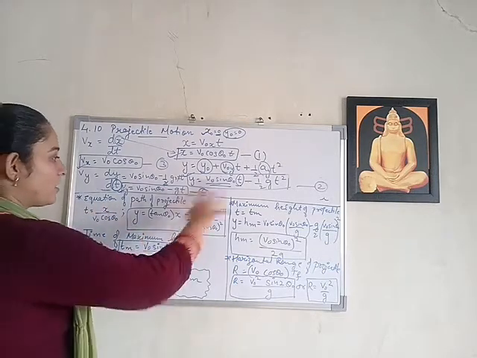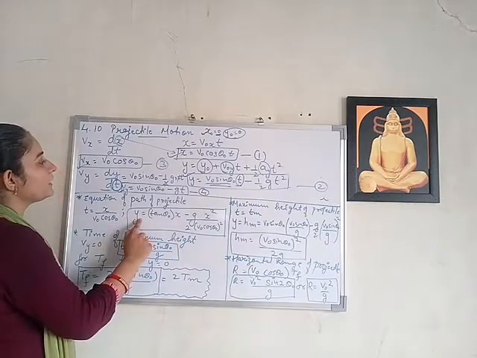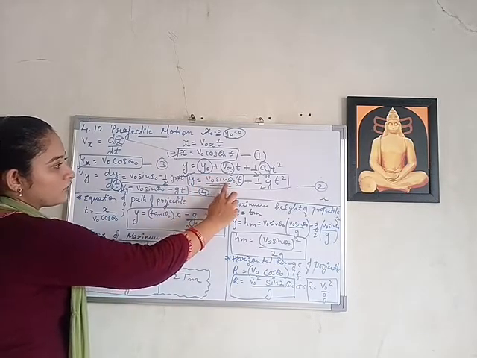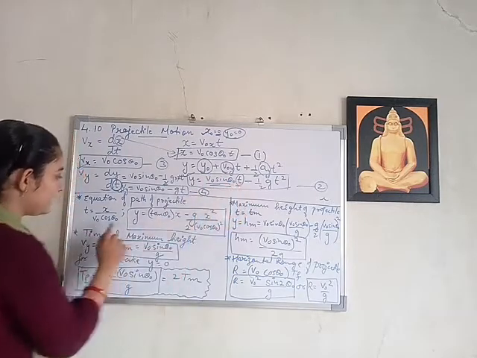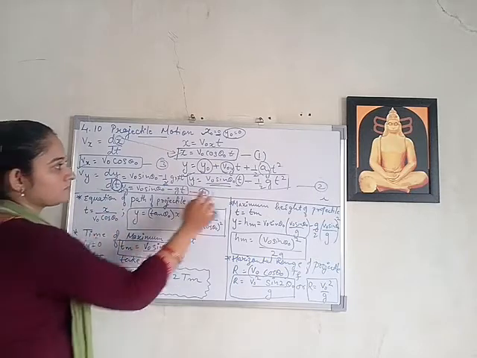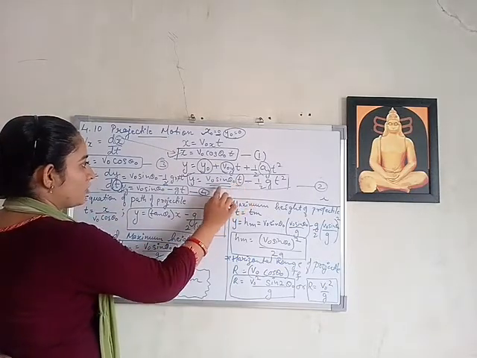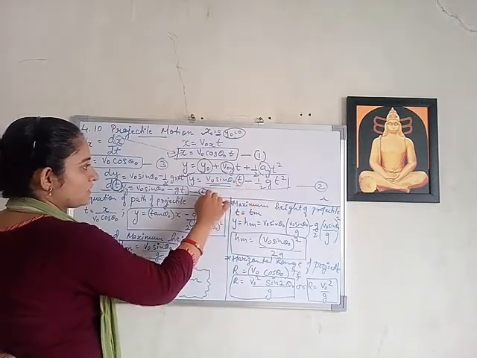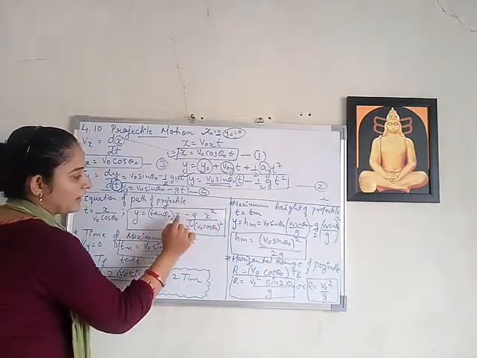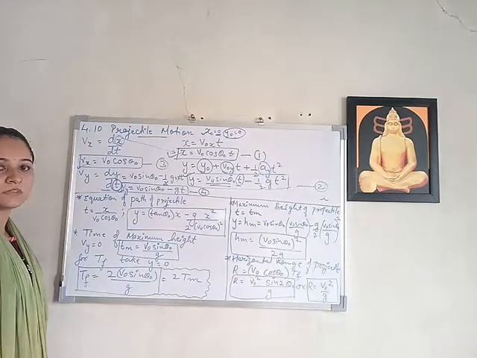Equation of path along the y-axis: y equal to v0 sin theta 0. What is t here? x upon v0 cos theta 0. v0 cancels out, and sin by cos is tan theta, and this is x.